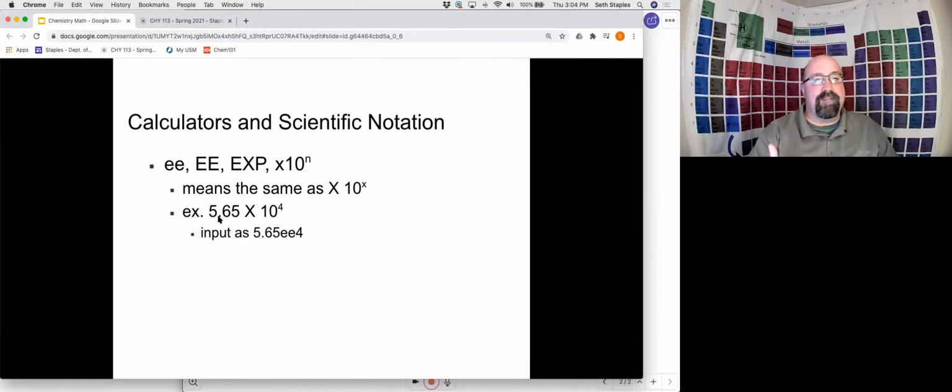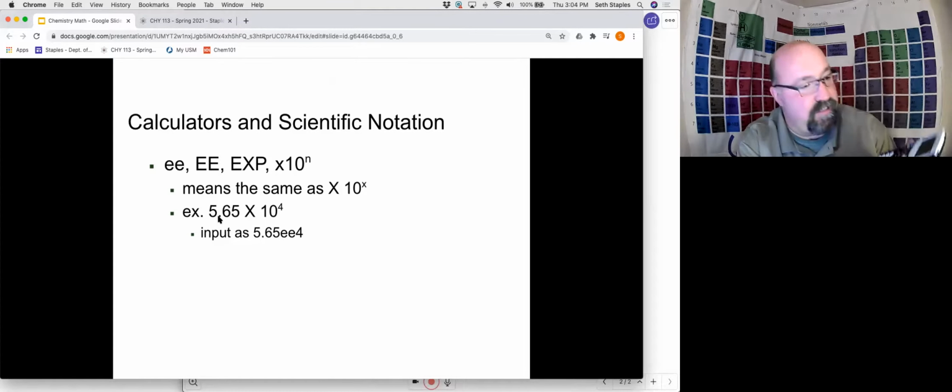Now again, that button might be different depending on the type of calculator you're using. If you're using something like a TI graphing calculator, for the TI-84 for instance, it's above the comma button. You have to use the second and then comma.